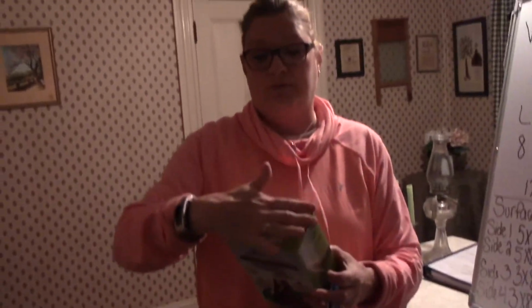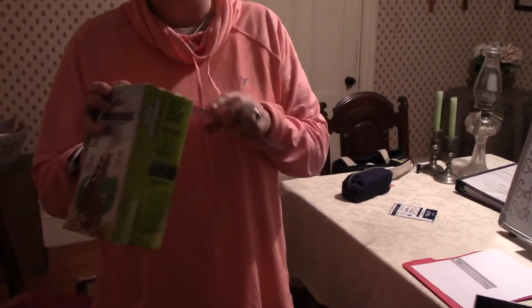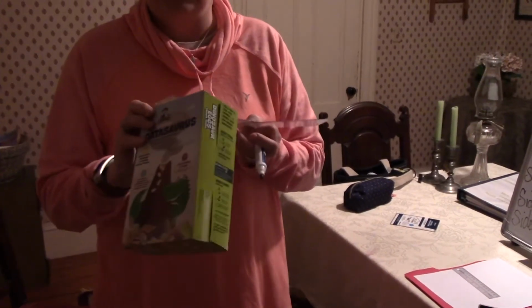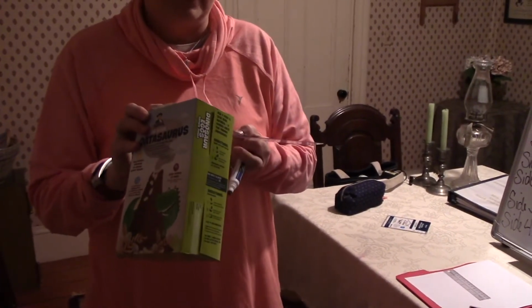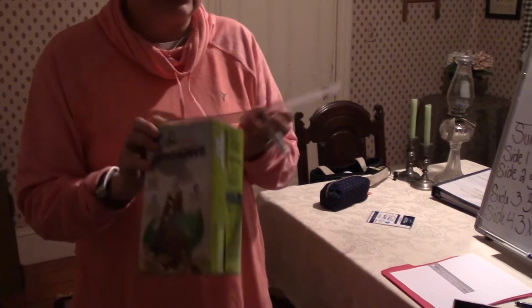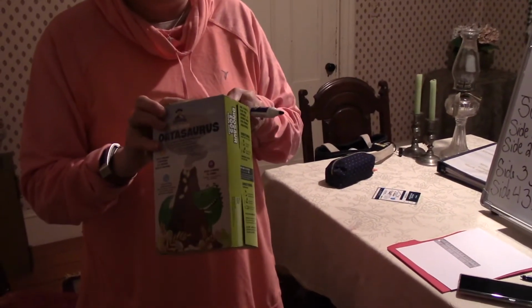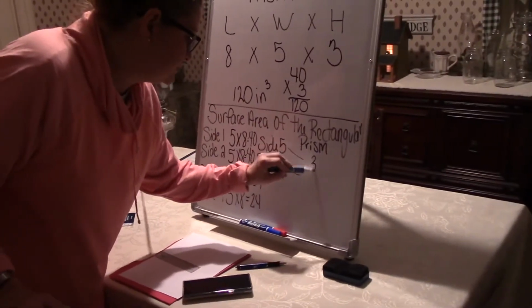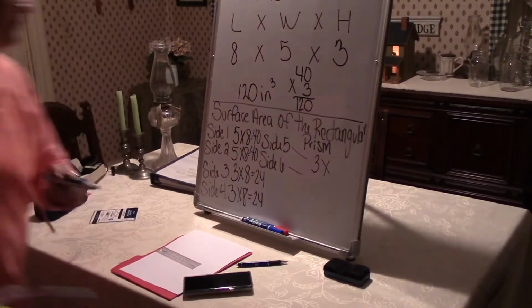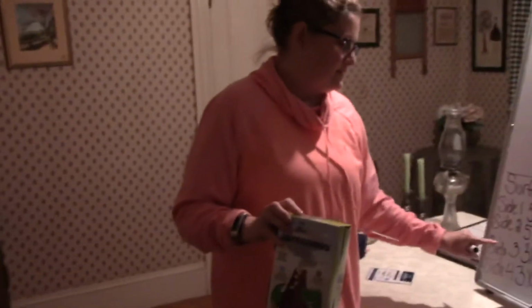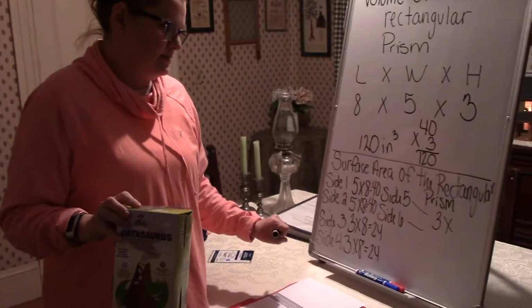Okay? So the only faces that we haven't measured yet would be this one and this one. So, the height, if you recall, these numbers all sound familiar. The height we said before was 3. So I'm going to put a line over here. This is going to be a 3 by, I want you to take a second. We have a 5 by 8. We have a 3 by 8.